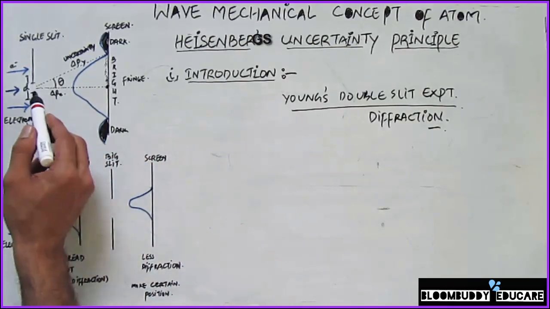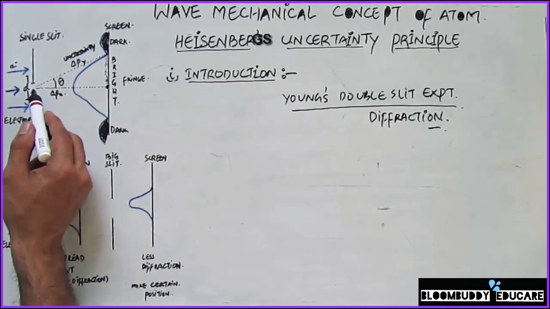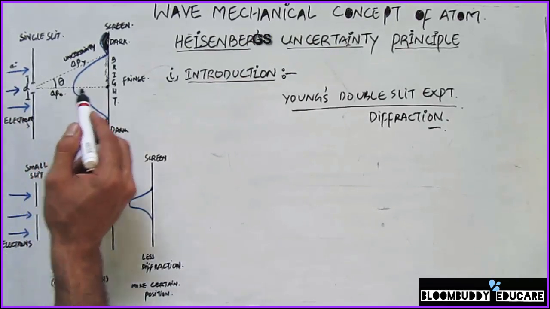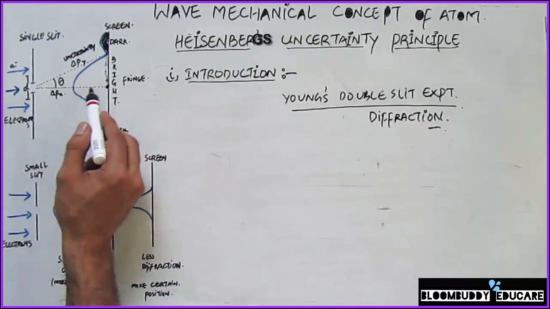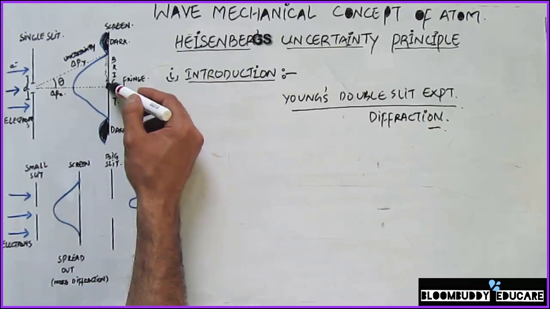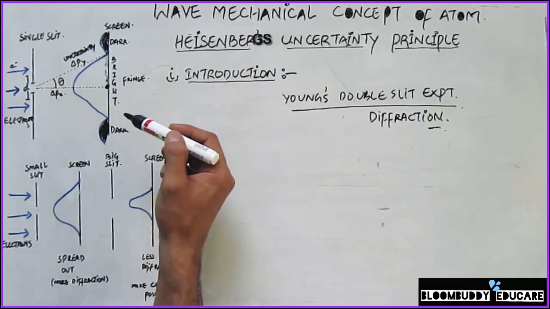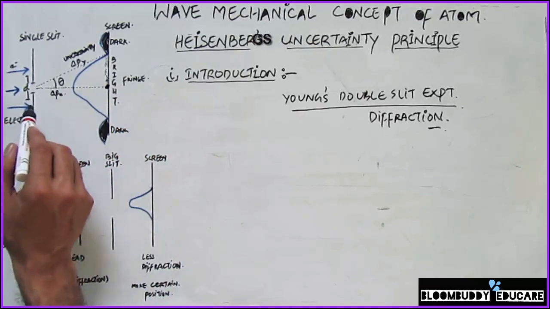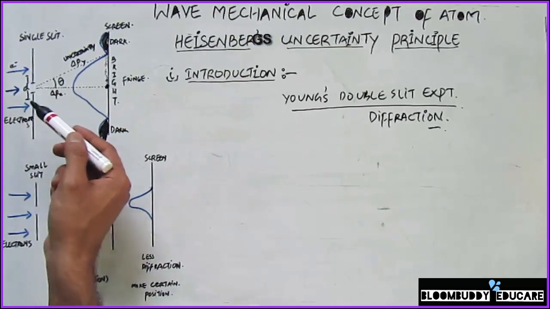Now, when an electron comes from this slit of width d, the change in the momentum of the electron on the x-axis is very small or negligible. That's why we can detect this electron somewhere here. However, this electron can go through diffraction because the electron also acts as a wave.